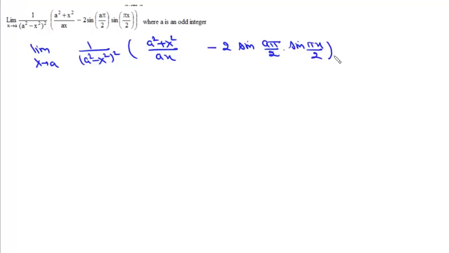Now if we put x as a, it will be 0 in the denominator, and the numerator will be 2 minus 2, which is 0, so it is 0 upon 0 form.